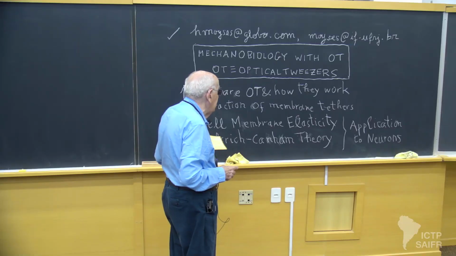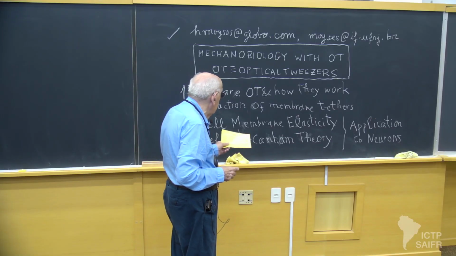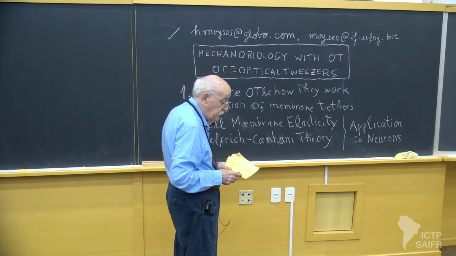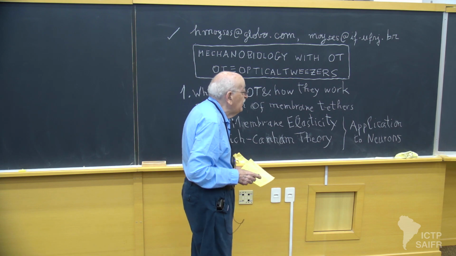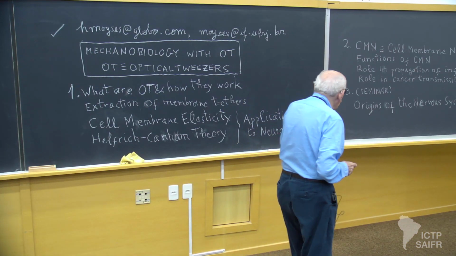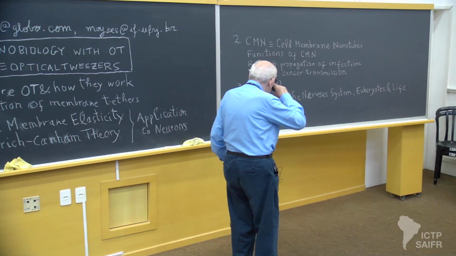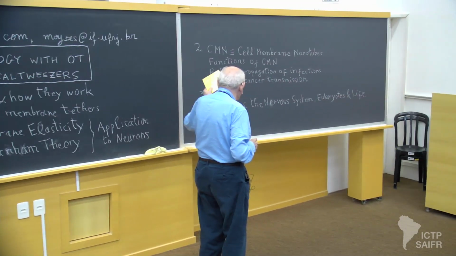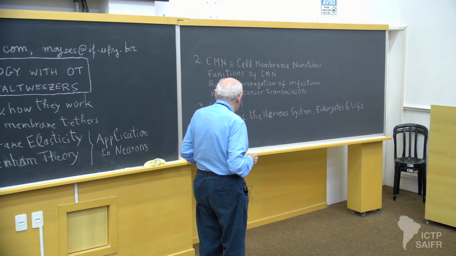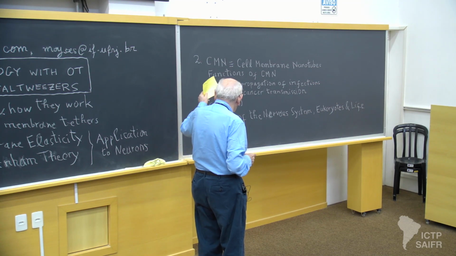And I'll explain the connection, which is given by what is called the Helfrich-Kahnum theory, and discuss the application to neurons. In tomorrow's lecture, the general subject is cell membrane nanotubes, which again will have an abbreviation, CMN.